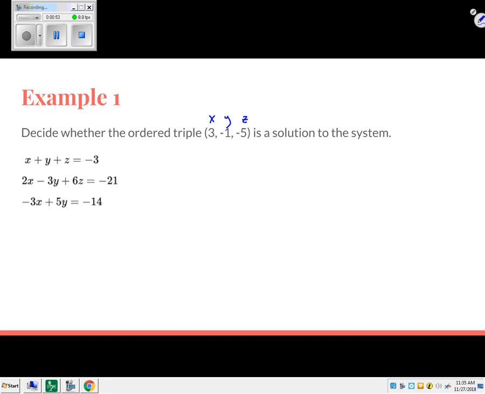So deciding whether or not these three equations right here intersect at the point 3, -1, -5 is just going to be a yes or no, determined by what happens when I plug in 3 for x, -1 for y, and -5 for z.